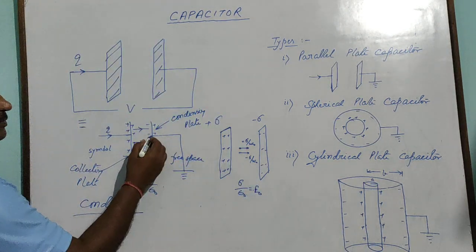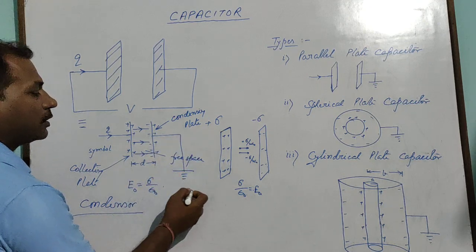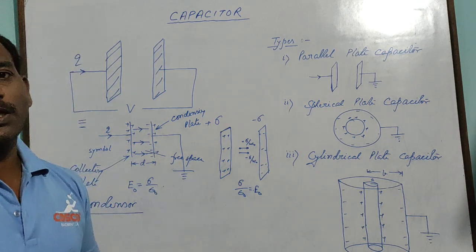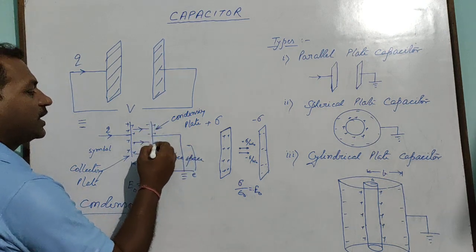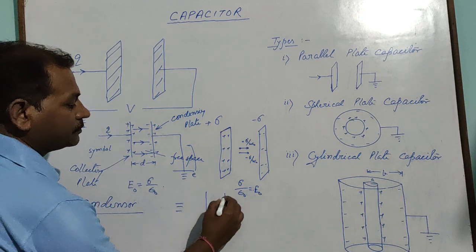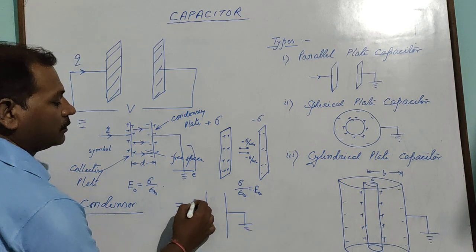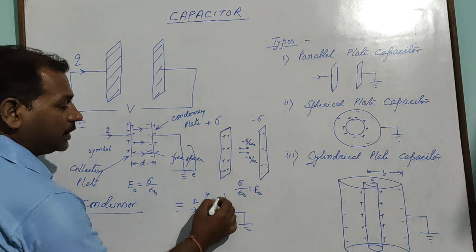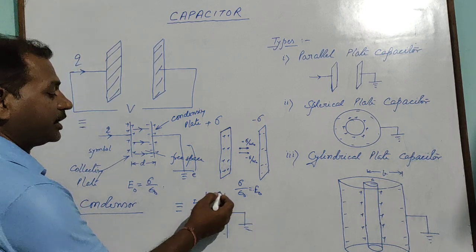When you earth this face of the plate, you know this is the sign of earthing. The earth is supposed to have a large number of electrons, so electrons will shift from this place and neutralize the charge present here. So finally the figure becomes like this: there is positive charge on this face and the negative charge will not go into earthing, so negative charge will remain.